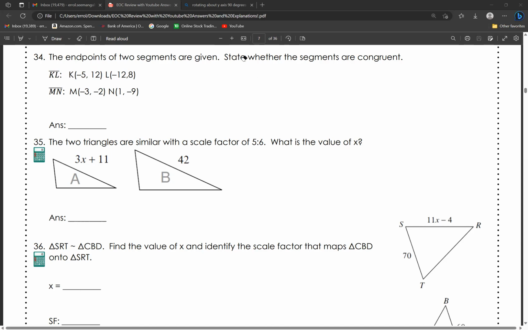The formula is like this. Let me write it in terms of x and y: x2 minus x1 squared plus y2 minus y1 squared. Take the root of that.